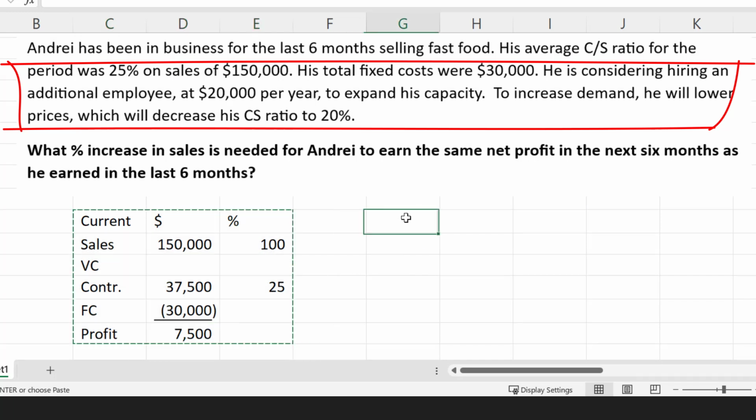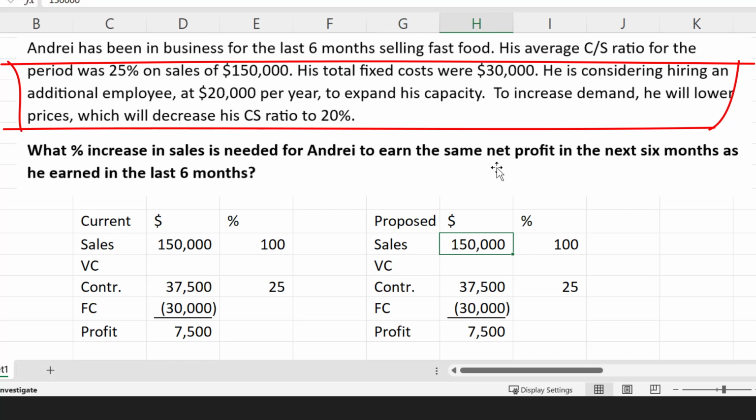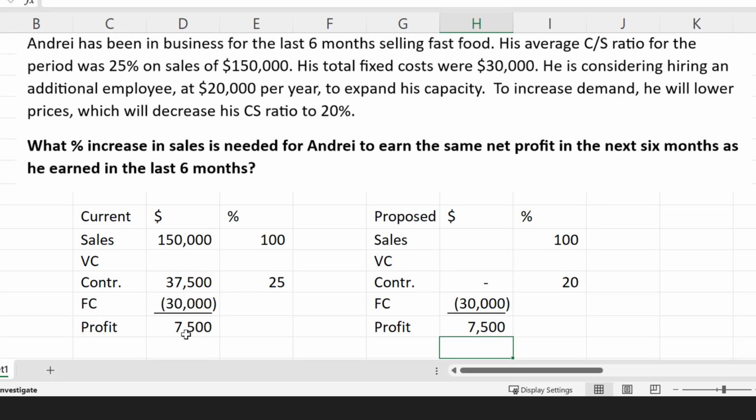I'm just going to copy this over here. We'll call this proposed. And things are going to change. We want to achieve the same profit, so we can just take that from the current situation. Fixed costs are going to increase because we're going to hire the additional employee.